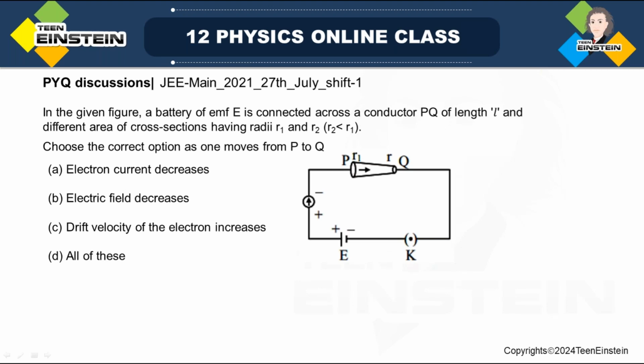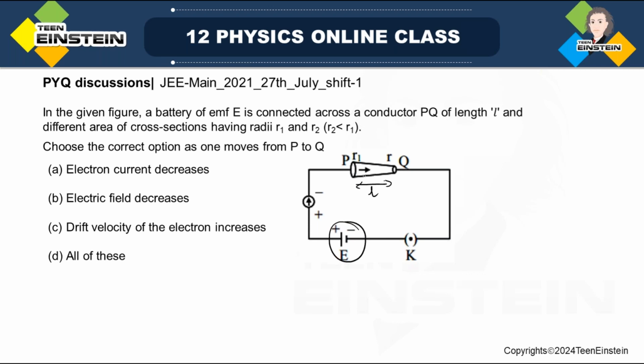This problem is very interesting. See, this is from the current electricity chapter. Here the problem says in the given figure, a battery of EMF E, this one, this is a DC battery, is connected across a conductor PQ of length L. So the conductor has length L and different area of cross section, but the area of cross section actually varies.